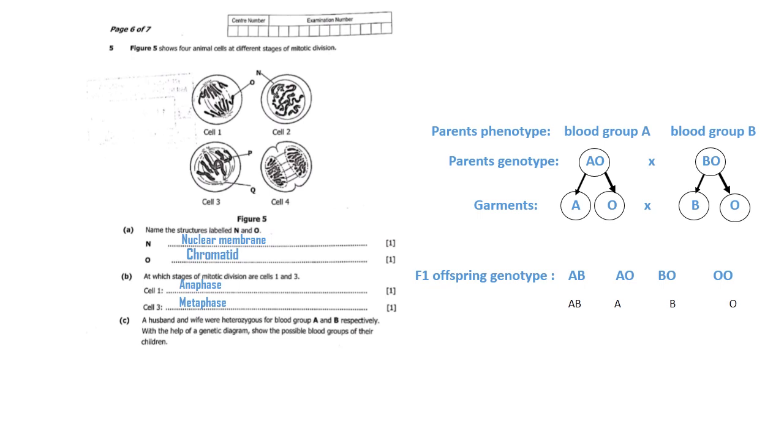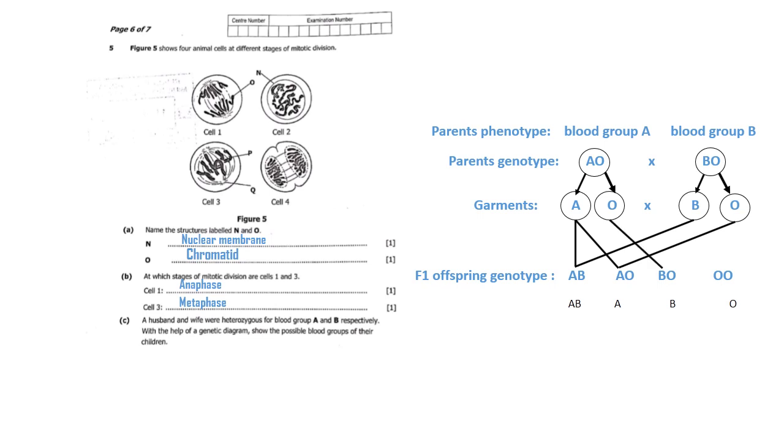Just in case you have missed, let me go back slowly so that you can see where the lines are pointing. So A is pointing with B. We have one child having AB, and again A will be pointing with O, another one having A heterozygous, AO.